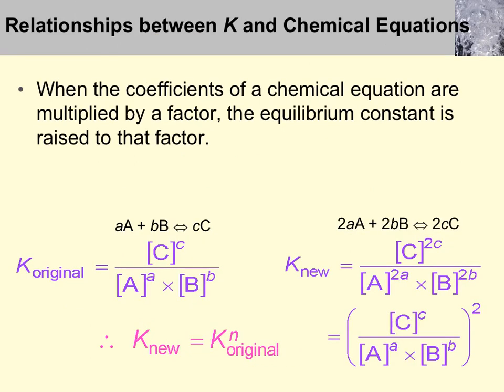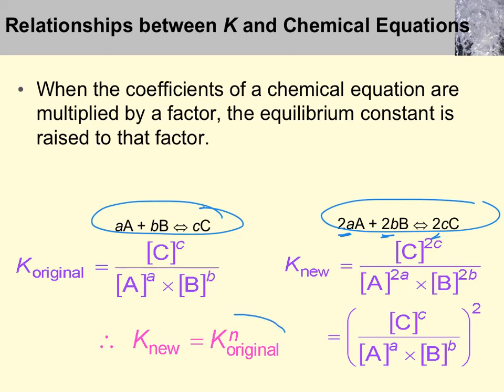Here's another manipulation you can do to a chemical reaction that will affect the equilibrium constant. So again, here's a generic reaction. Let's say, for whatever reason, that you multiply the reaction equation by some integer. In this case, we've multiplied it by 2. What happens to the K value? Well, you take the original K value and you raise it to an exponent equal to whatever you multiplied by.